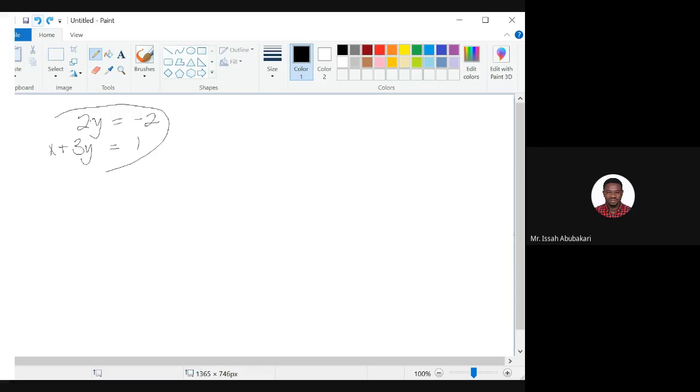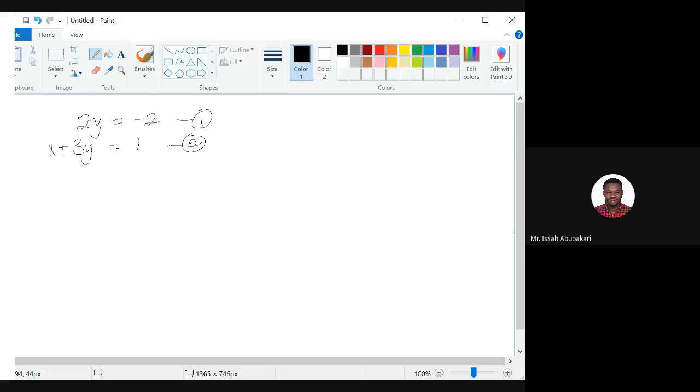This is equation 1 and this is equation 2. What is the value of x in equation 1? 0. We don't have x, so we write 0x here to get the 2 by 2 matrix done.